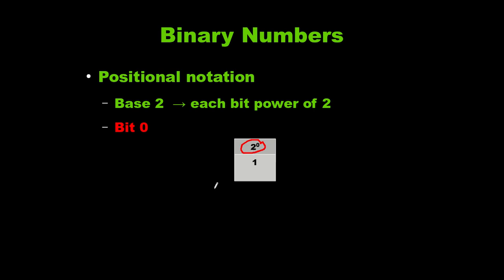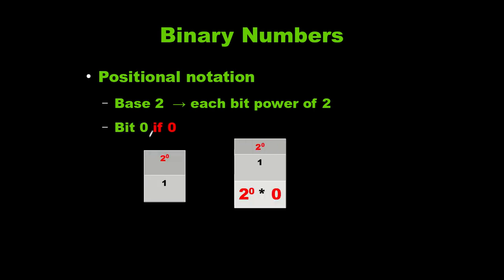Depending on that bit, do I have a 0 or 1? I multiply it by this one. If I had a 0, I'm going to have what? 1 multiplied by 0 is 0. If I had a 1, 1 multiplied by 1 is 1. Those are the only two values. Now, if 0, this is what's going to happen: 2 to the power 0 multiplied by 0.